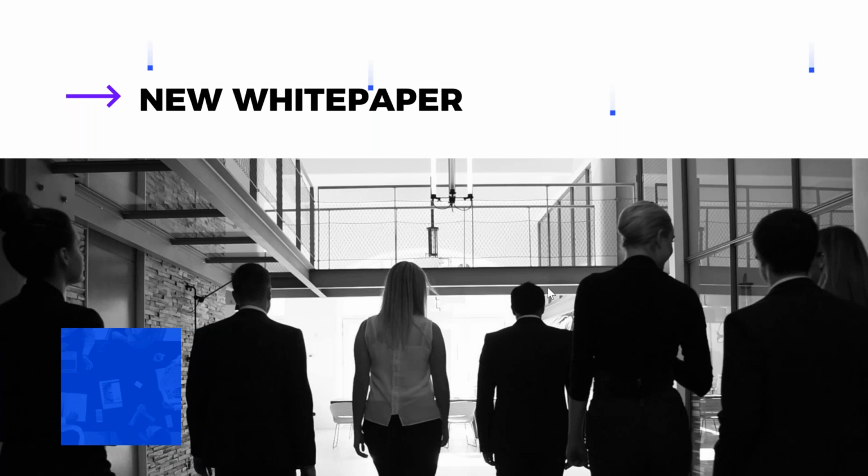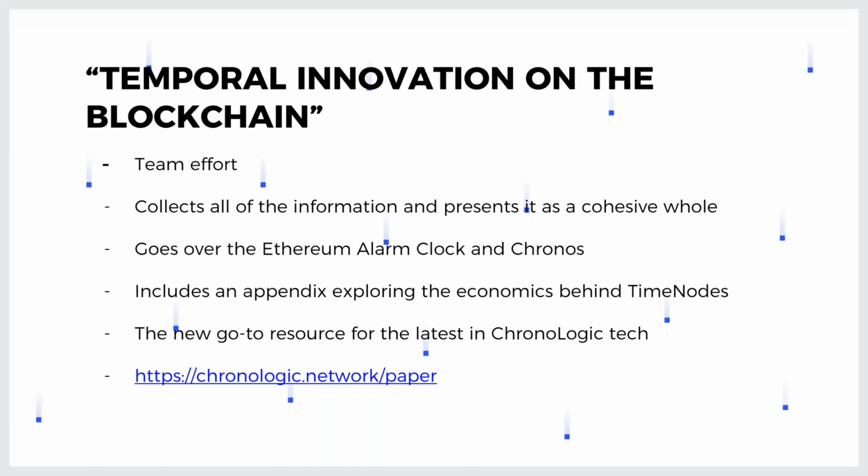So over the last couple weeks, we've been putting together this new technical white paper. It's been a team effort from all of us on the Chronologic team. We've compiled a lot of the information that has been published on the blog in various places.